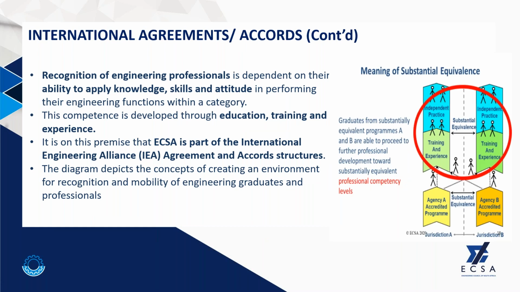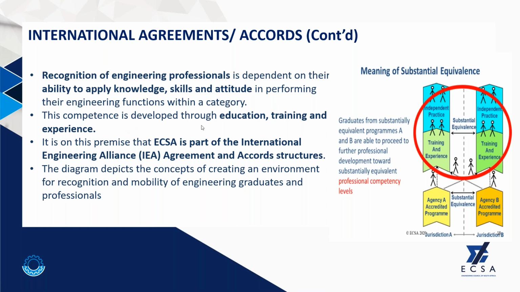These slides here just explain that recognition of the engineering profession is dependent on their ability to apply knowledge, skills and attitude in performing their engineering function within a category. That is in relation to those accords that I flagged in the previous slide.